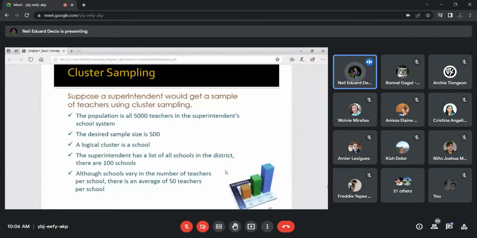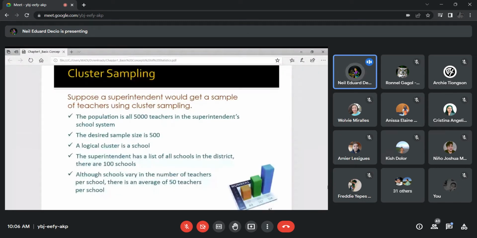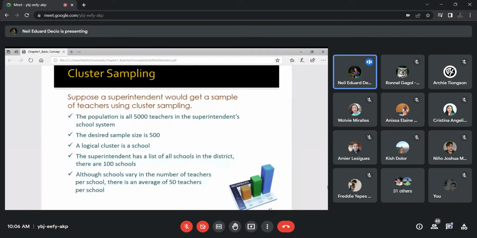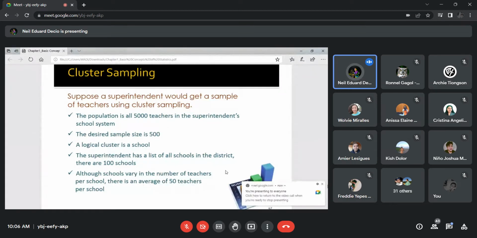For instance, this is a study, and your scope, your sampling frame, your population is from, let's say, DepEd. According to this, suppose a superintendent would get a sample of teachers using cluster sampling.